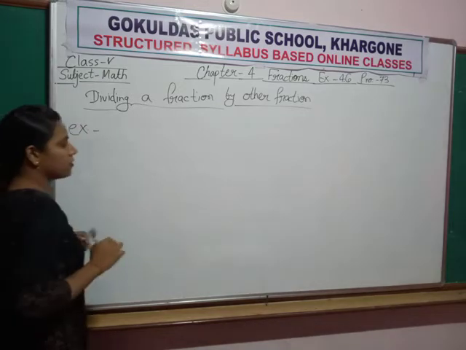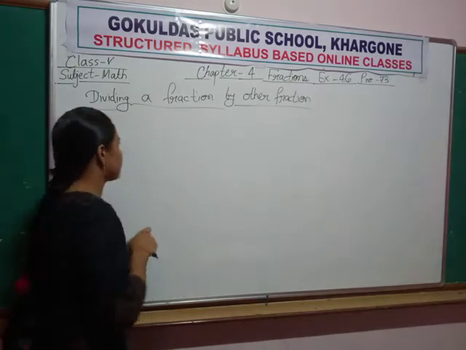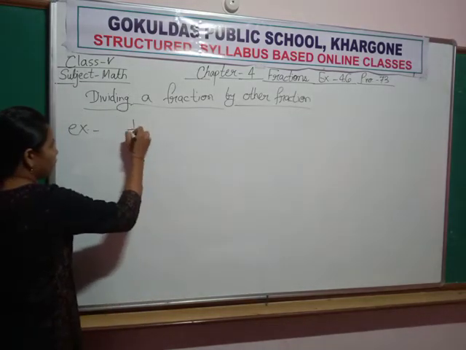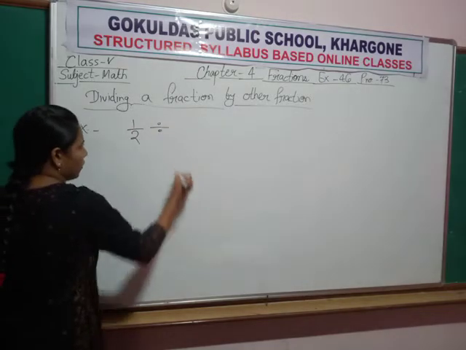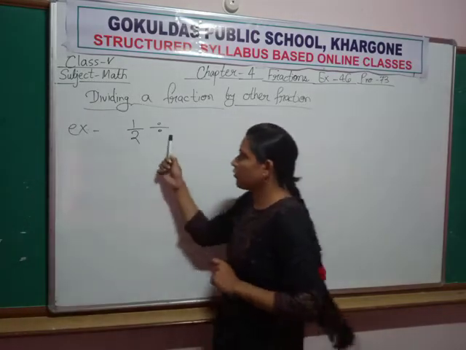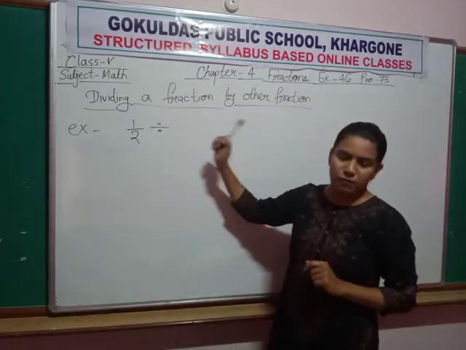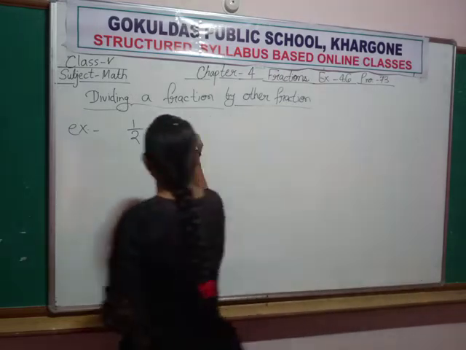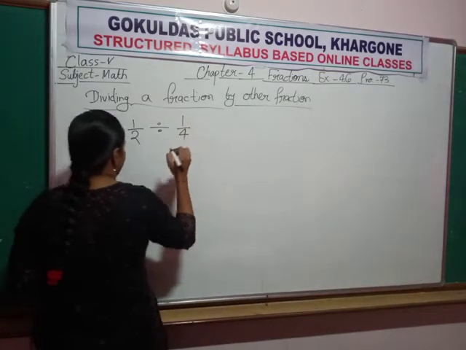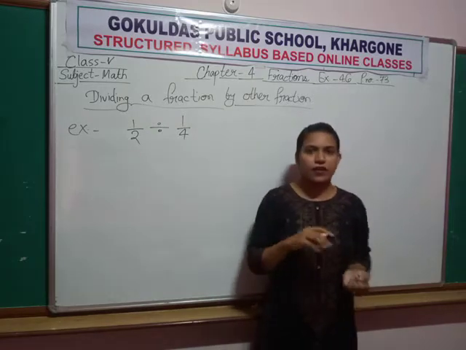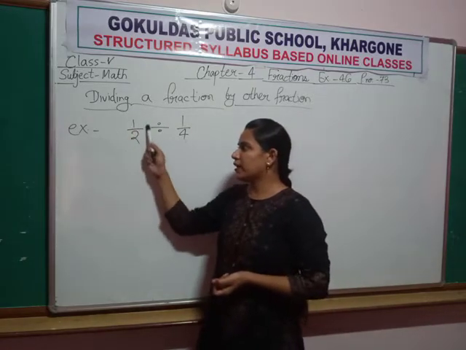How to divide? Suppose we have two numbers. Our one number is 1 by 2, divide by, this is the symbol of division, 1 by 4.